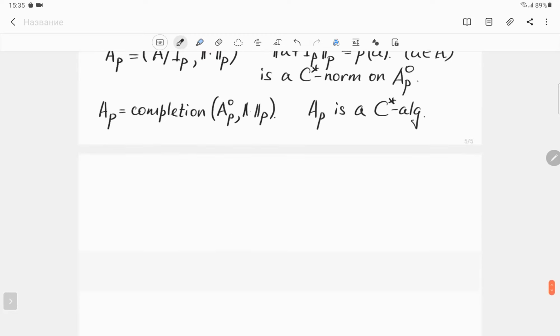And we have a canonical map, pi P, from A to AP, which is just the composition of the quotient map with the inclusion of AP0 into its completion. Clearly, it's a star homomorphism.